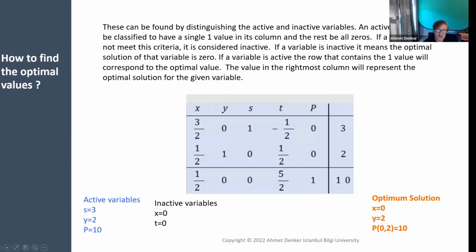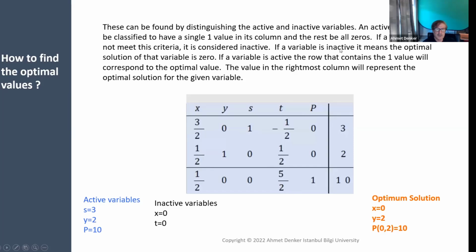Now, I wrote this as a rule here. How to find the optimal values? These can be found by distinguishing the active and inactive variables. An active variable can be classified to have a single one value in its column and the rest be all zeros. So, this is an active variable, active variable, active variable. If a variable does not meet this criteria like x and t, it is considered inactive.